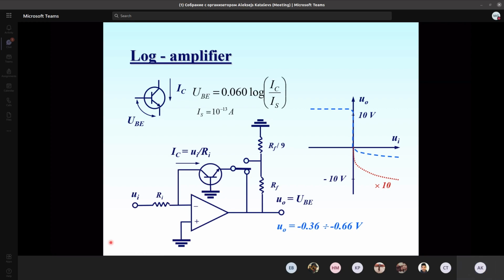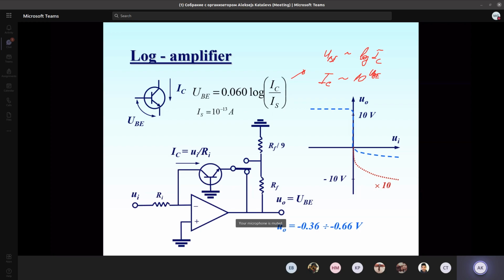If I have, from this equation, very roughly speaking, U_BE is proportional to the log of IC. The proportionality coefficient is not so important. All these parts are related to the proportionality. So it means that IC is proportional to 10 in the power of U_BE.